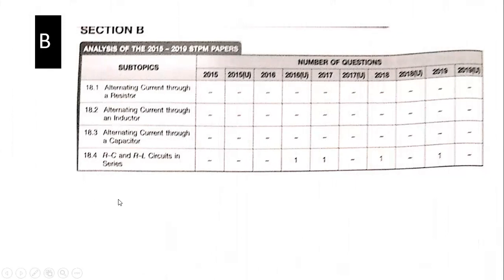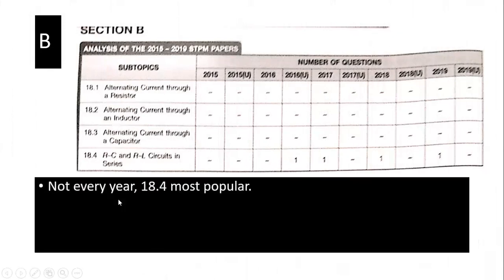Not every year, but 18.4 is the most popular. That means it is the last section in the topic.